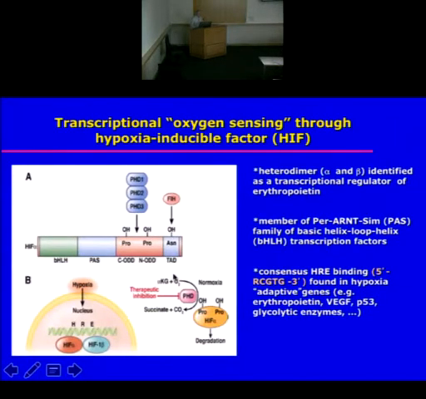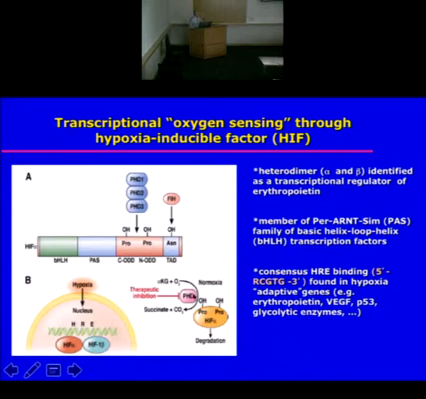It has a very dramatic post-translational modification. In the HIF alpha subunit, there are two proline groups which become hydroxylated, and under conditions in which these prolines are hydroxylated, this molecule gets targeted to the proteasome for degradation by the von Hippel-Lindau associated E3 ligase.